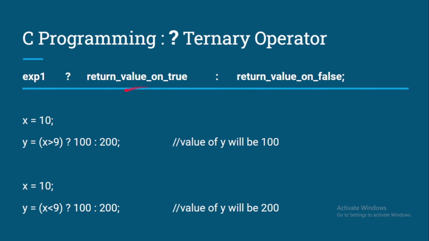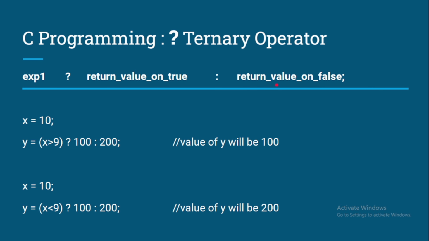The section after the question mark and before the colon will output only if the condition is true, right? If expression one is true, then we will output this thing. And if our condition is false, then we will print the thing after the colon.